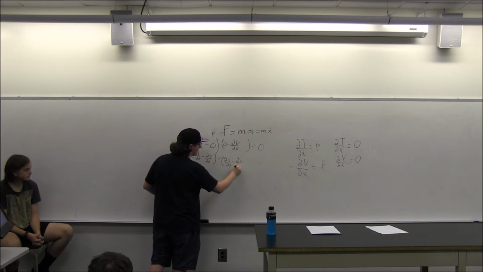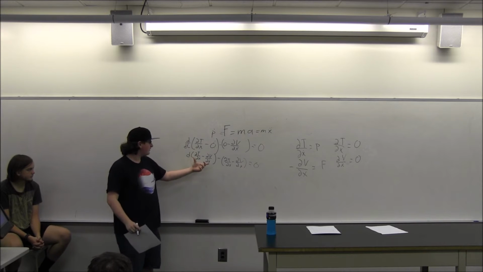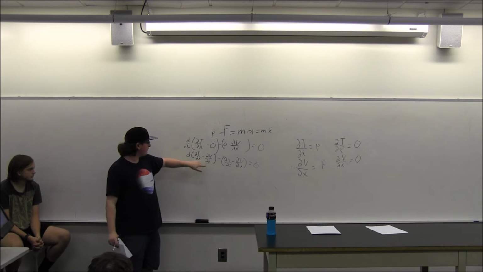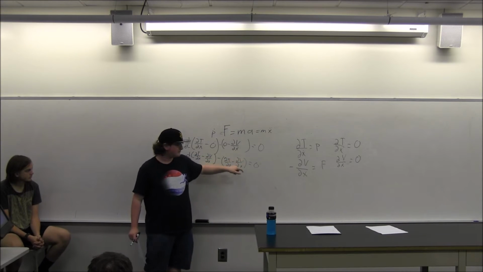Partial d over partial n. And if you notice, we have the same partial derivatives with respect to t minus v, same partial derivative of t minus v.